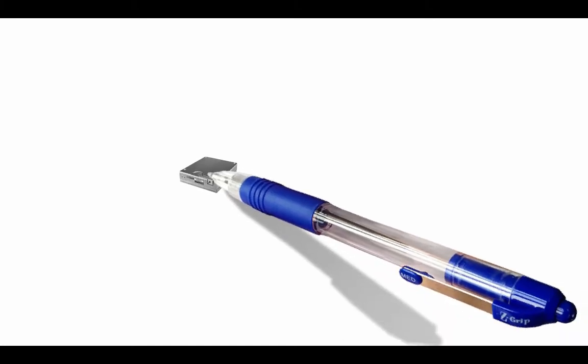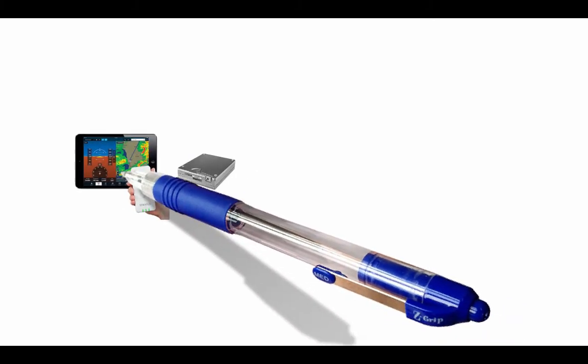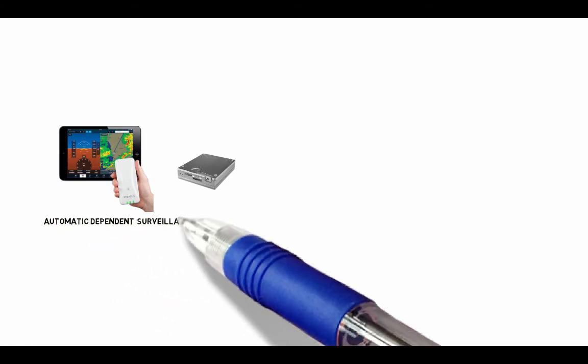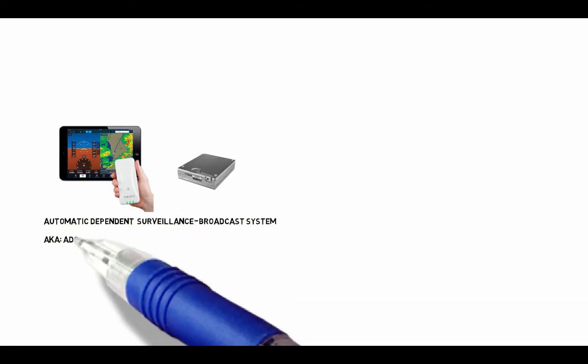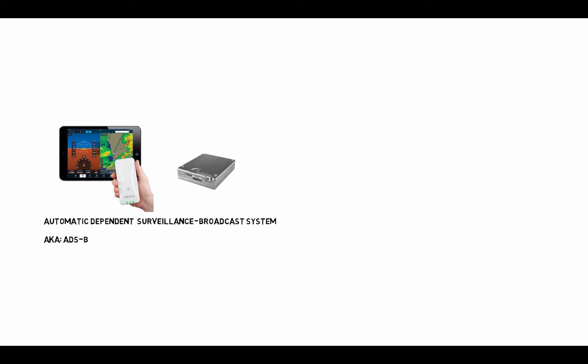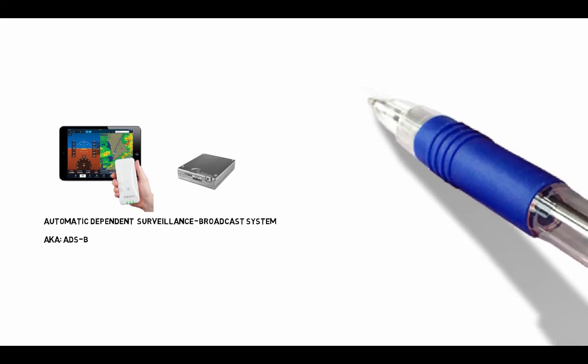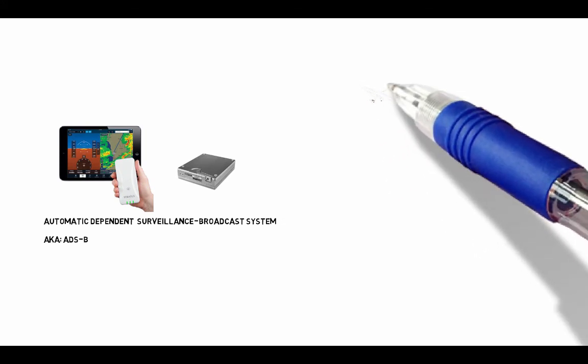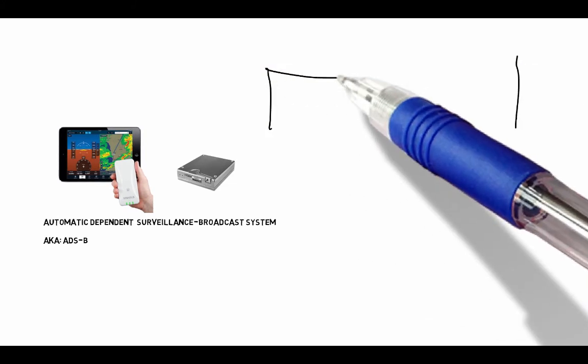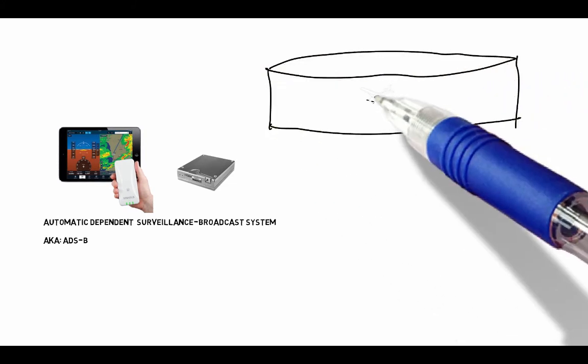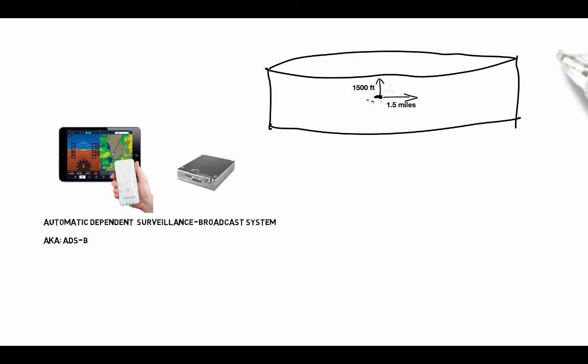A mainstay of the NextGen ATC system is the Automatic Dependent Surveillance Broadcast system, otherwise known as ADS-B. ADS-B creates a 3,000 foot by 3 mile hockey puck shaped envelope around an aircraft.